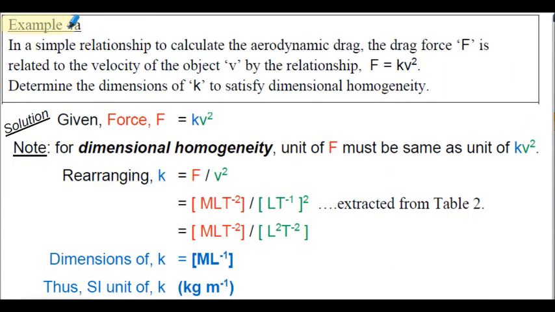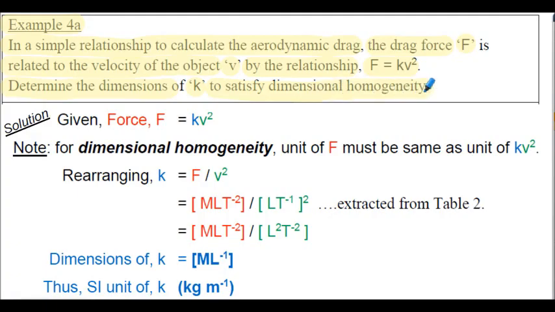Let's consider example 4a. In a simple relationship to calculate the aerodynamic drag, the drag force uppercase F is related to the velocity of the object, v, by the relationship F is equal to k multiplied by v squared. We're asked to determine the dimensions of k to satisfy dimensional homogeneity.